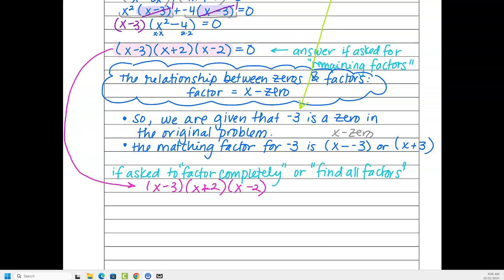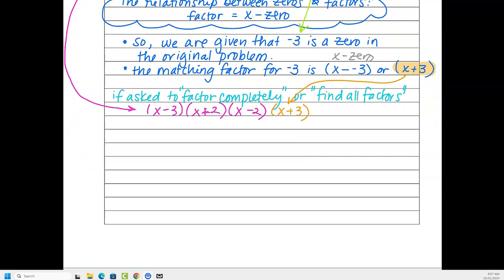Okay, and you would also take the x plus 3 from over here. And that would be factored completely.